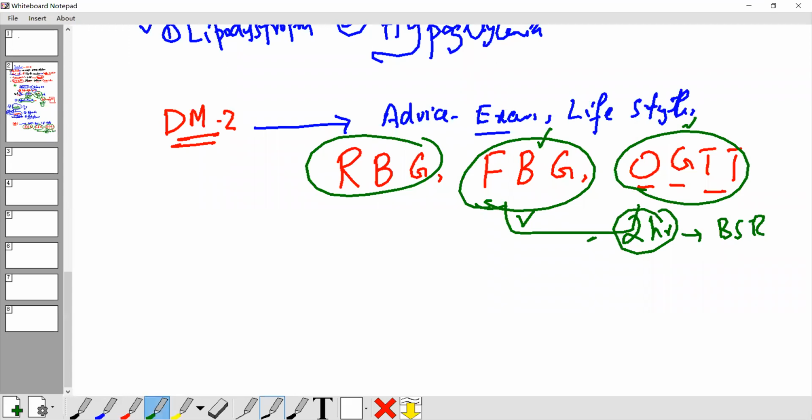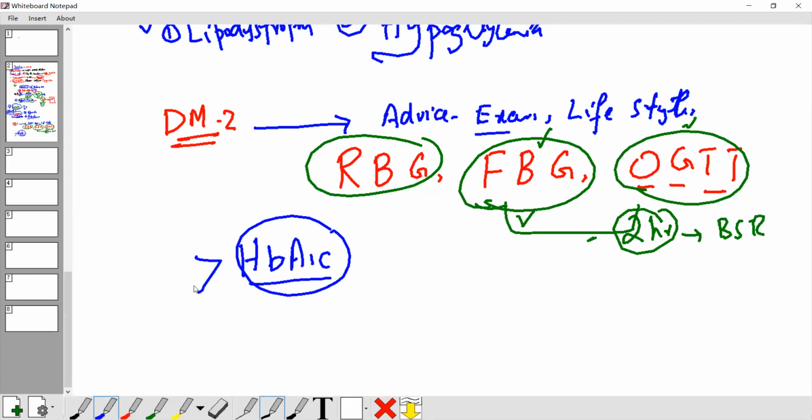Nowadays, the more authentic one is HbA1c, glycosylated hemoglobin. We check the level of this. According to the level of glycosylated hemoglobin, this one is confirmatory. You can also call it a diagnostic test.